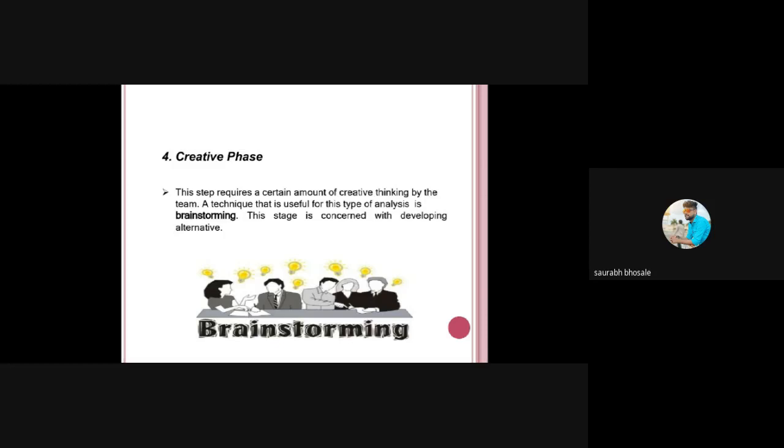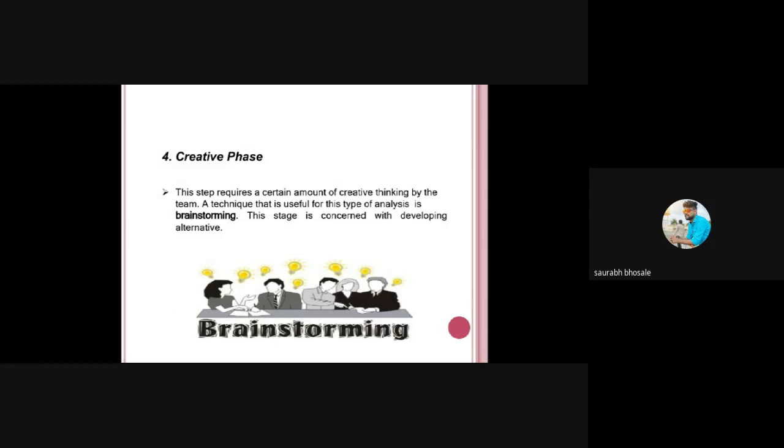Or there may be a requirement that we have to rethink the problem and rearrange the conduct phase once again. So the second step is the generate step: generate the ideas or merge the ideas and find different ways to find the solution for the problems.